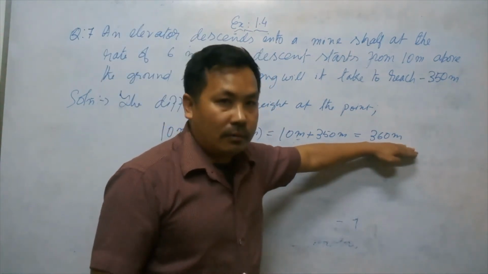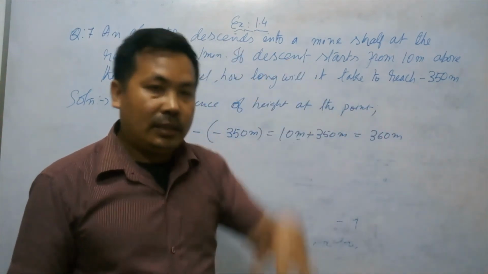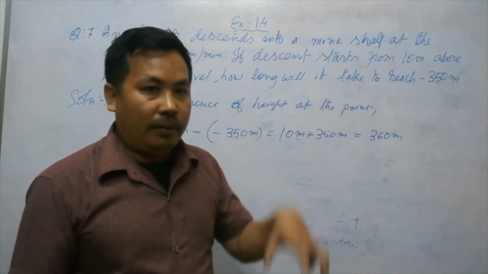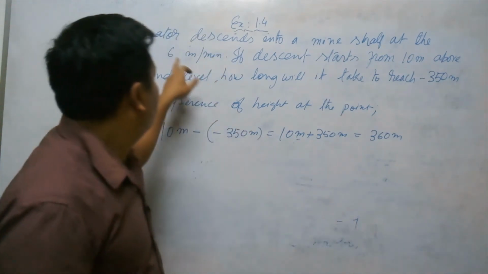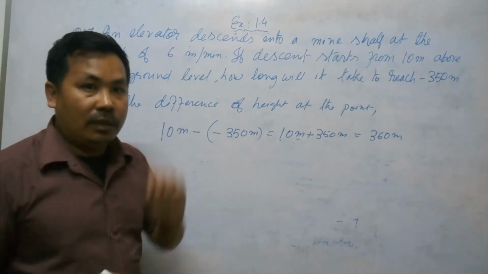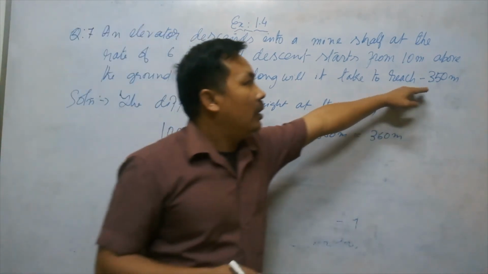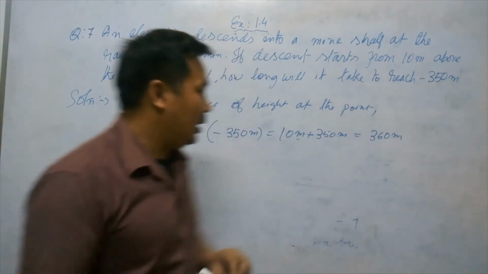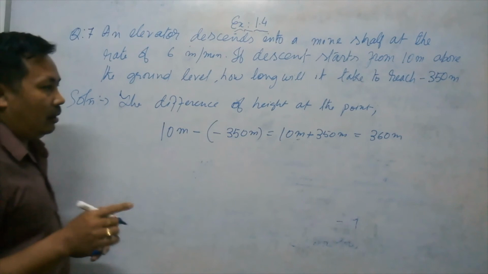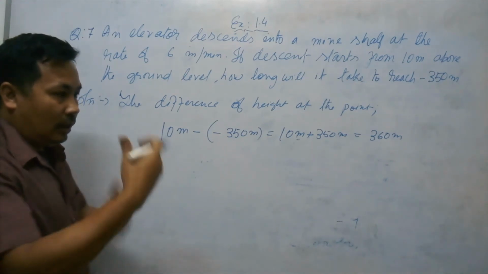Over this height, the elevator will descend downward with a speed of 6 meters per minute. Let us see how long it will take to reach that point of minus 350 meters below the ground. What is the rate of descending down?